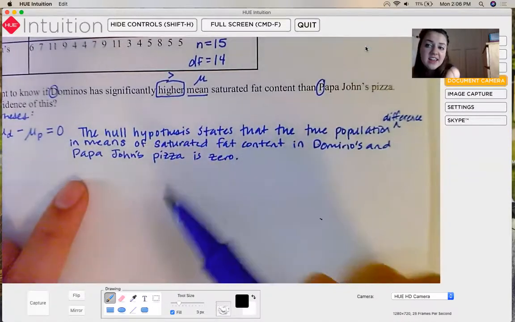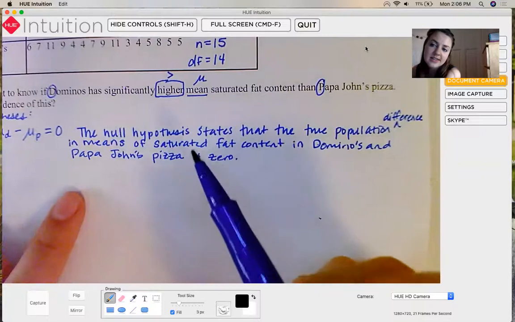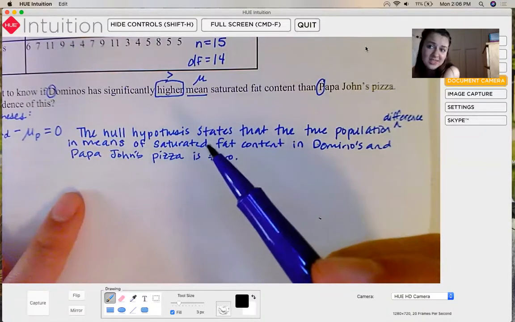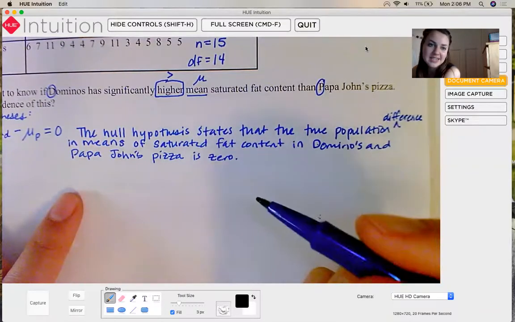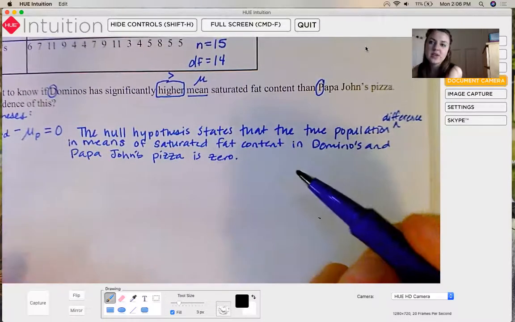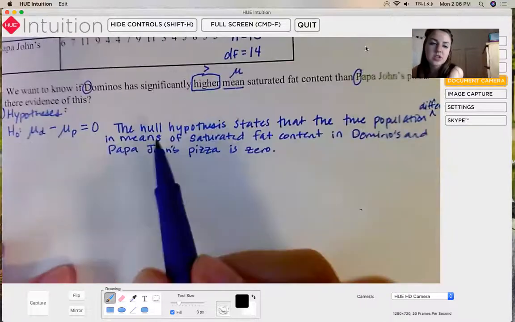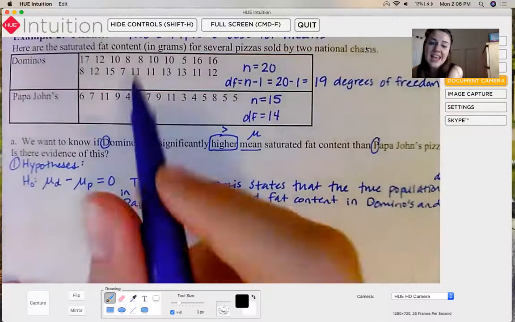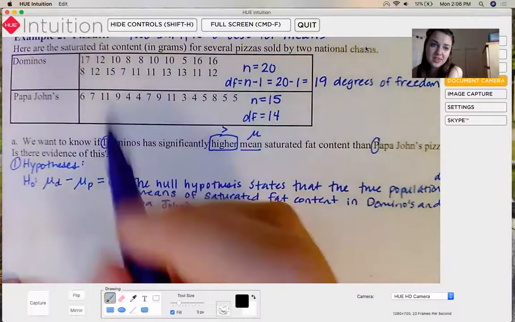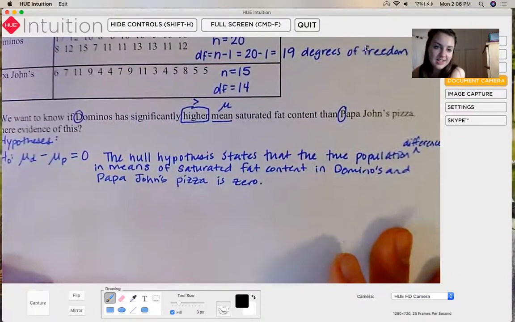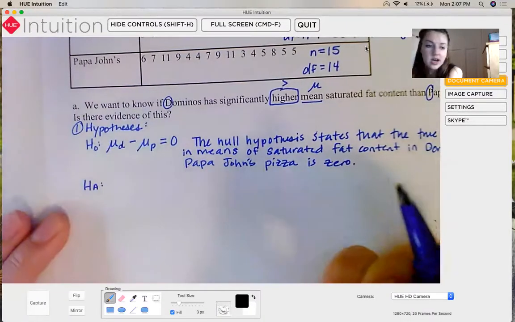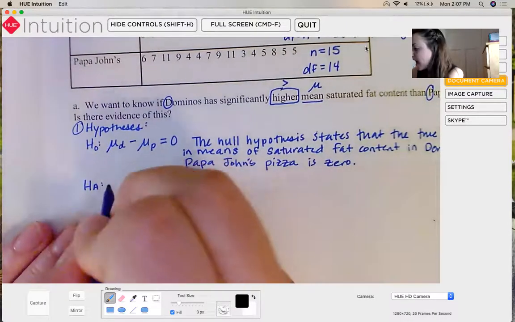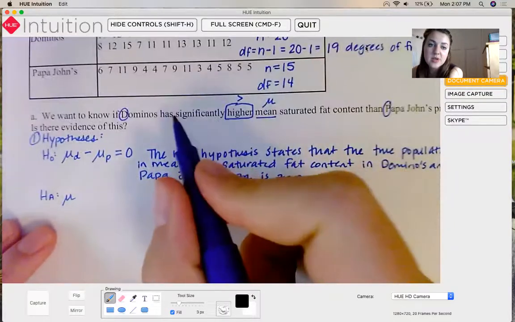I could say that the null hypothesis states that there will be no difference in the true population means between the two pizzas. So there's different ways that we can say that basically the null hypothesis is assuming that they have the same type of saturated fat content. All right, now let's go on to the alternative hypothesis. And the alternative hypothesis is different because we're trying to prove that Domino's is higher.